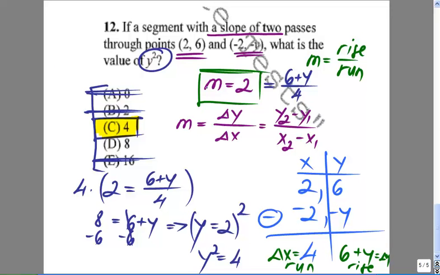And that should give you a slope of 2. Let's see if that's right. Your slope will be change in y over change in x. Change in y, if your y is 2, is 6 plus 2, which is 8. Change in x, still the same, 4. And that equals 2. So we're good. We did it fine.